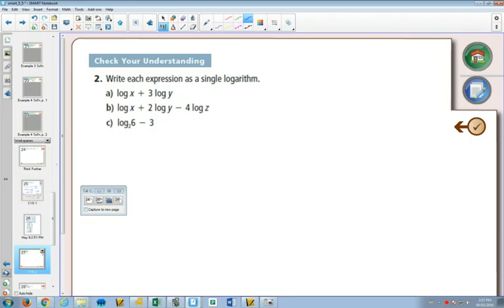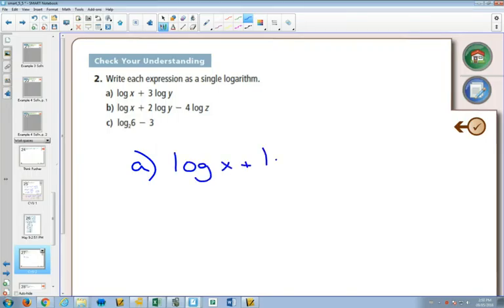As far as putting things together, the first thing you're going to look for is that power rule. Anytime you have a number in front, it can go in as an exponent. Even though I see an adding here, the first thing I'm going to do is put that 3 in as an exponent, because my adding log law only works if it's a log plus a log with no numbers in front.